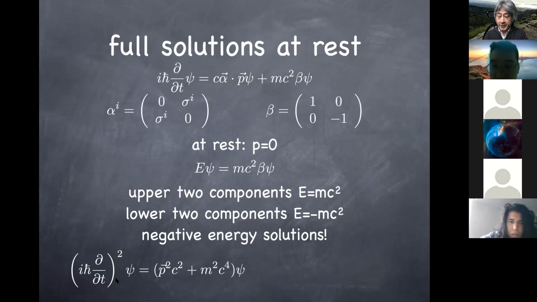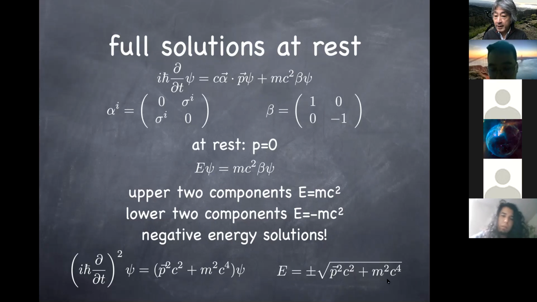So no wonder you find two solutions with two different signs for the square root of it, namely energy is the square root of p squared c squared plus m squared c to the fourth, but with two possible signs. So negative energy solutions in some sense are inevitable. We can't get around it.